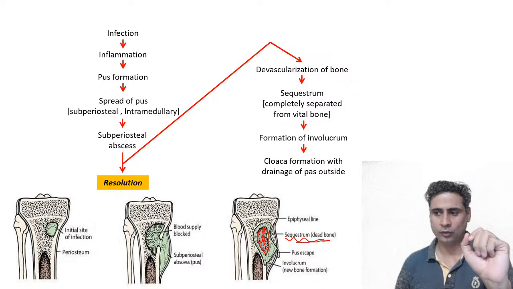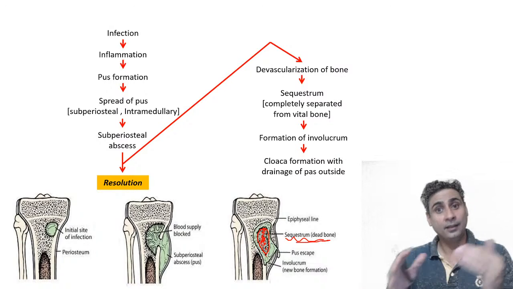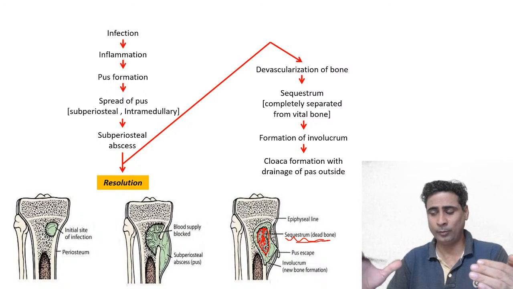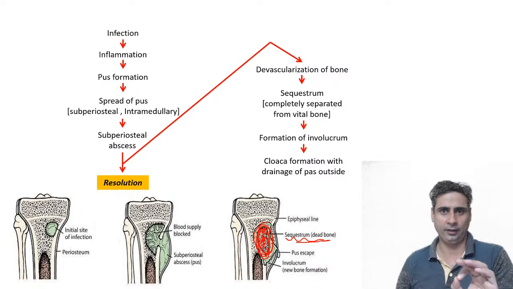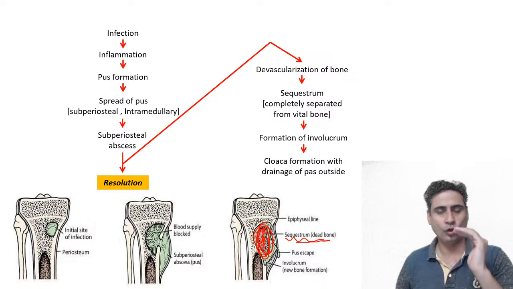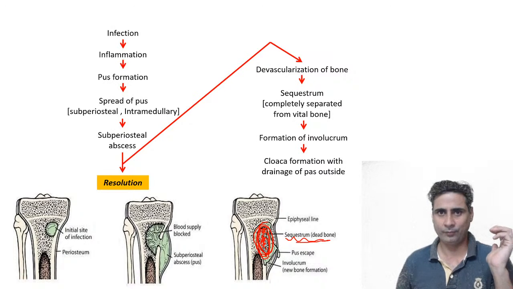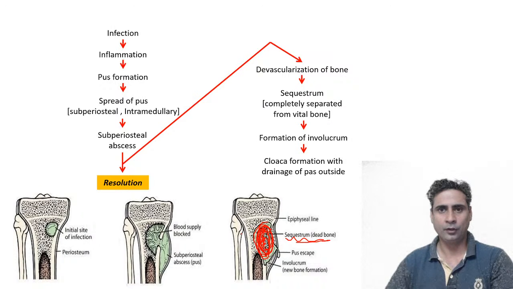So Staphylococcus aureus will reside at this place, because nothing can go there to kill that Staph aureus. That is why, if there is chronic osteomyelitis, unless you remove this dead necrotic bone, the favorite site for bacteria, you cannot cure it. Therefore, treatment for chronic osteomyelitis is always surgical. In acute osteomyelitis we can try antibiotics, but for chronic osteomyelitis, unless you remove this particular area, you cannot treat it.